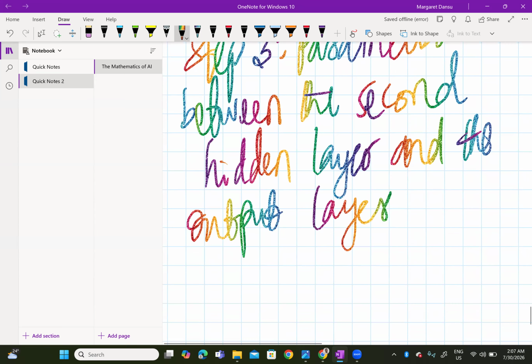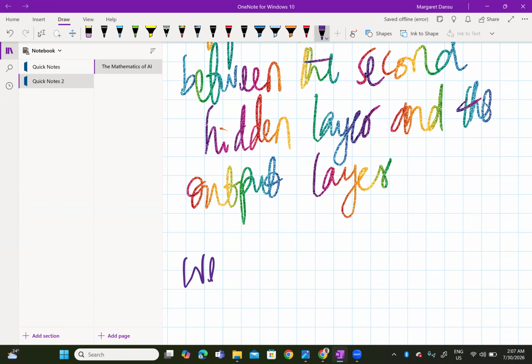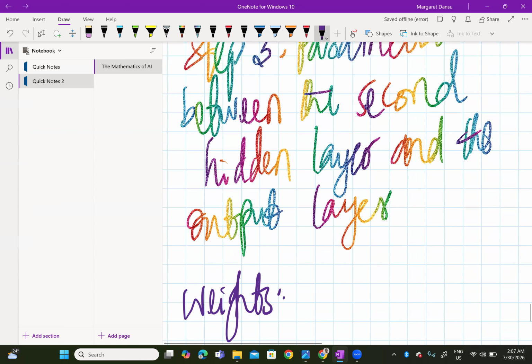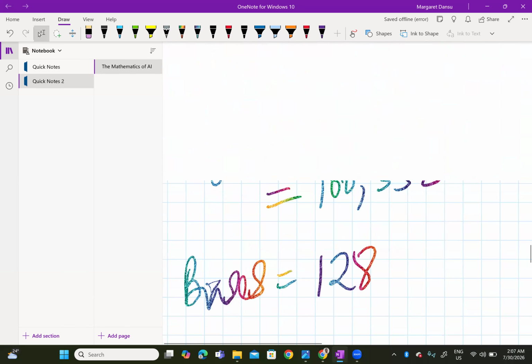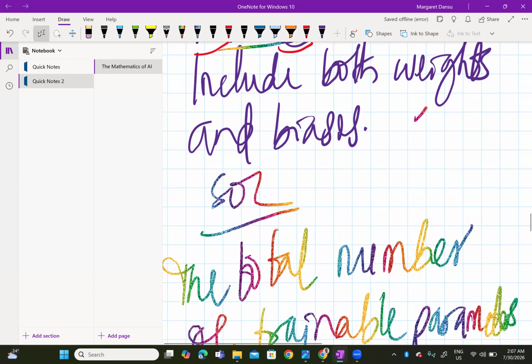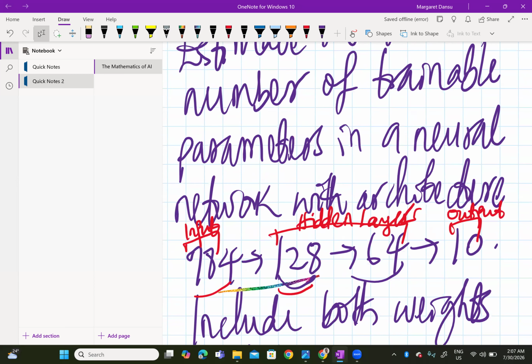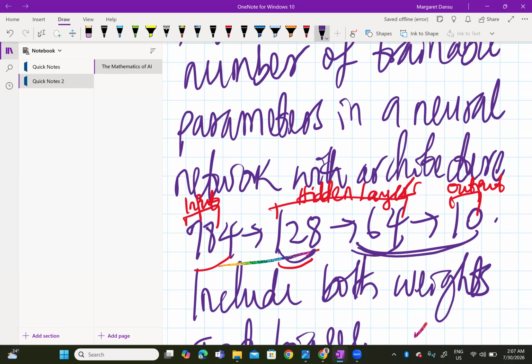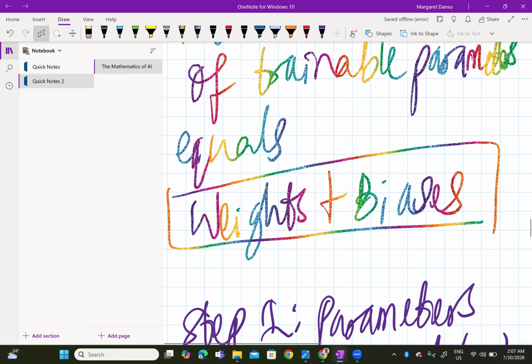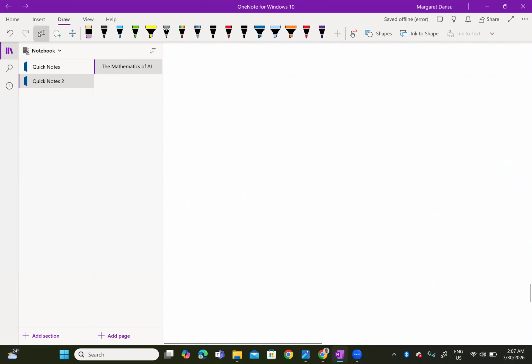So then you have the weights. Again, we know the pattern now. You have the second hidden layer and the output. So now we're talking about 64 and 10 here. So we know the weight will be 64 times 10 and the bias will be 10. So we already have seen that pattern.